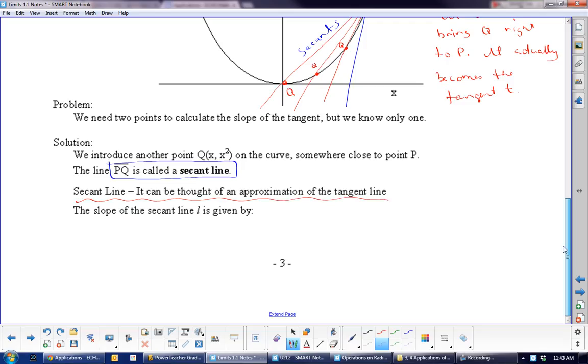So the goal will always be to get it looking like the tangent line, okay?